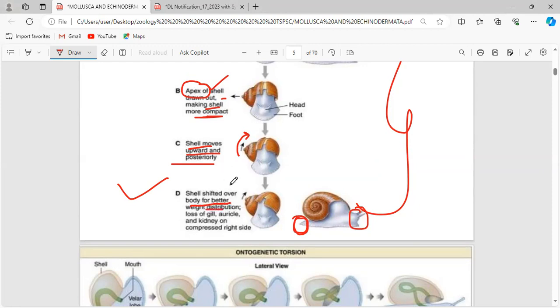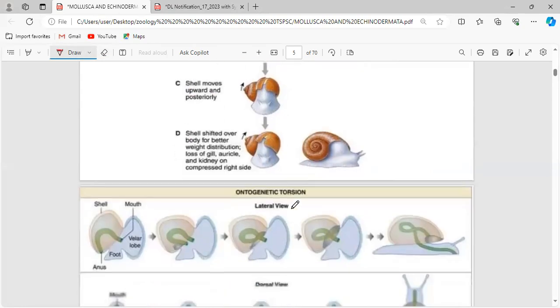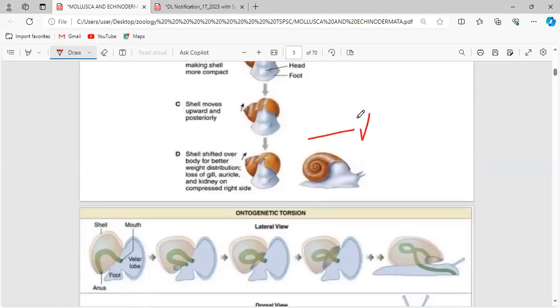All the important structures are present inside the shell, and to protect those important organs, the shell plays a crucial role. So it makes a better weight distribution, with a loss of gill, auricle, and kidney on the compressed right side. Everything will be on the right side, so the shell will be placed accordingly. That's all about the coiling.